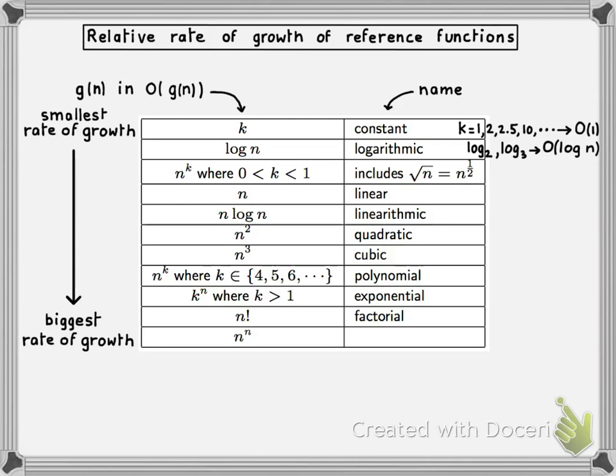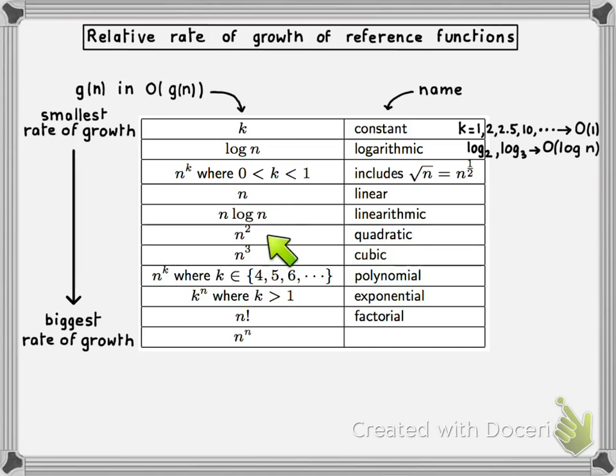Now let me conclude the discussion of this table by reminding you why the function n log n grows faster than n, but not as fast as n squared. The easiest way to remember this is to consider n as being equal to n times 1, and this function being equal to n times n. So if this is n times 1, n times log n, n times n, the first n is common to all three functions.